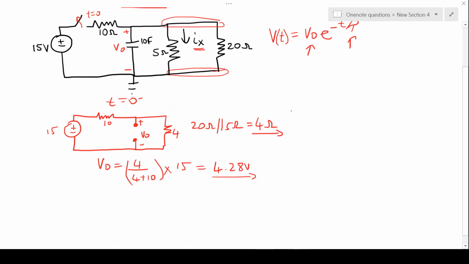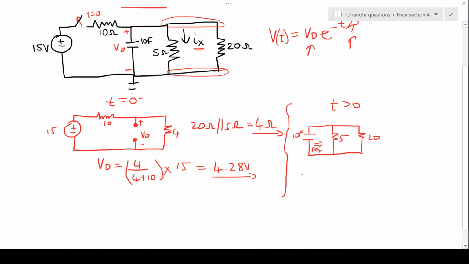Now what happens when t is greater than 0? When t is greater than 0, this whole part of the circuit falls away, and what we have left is the capacitor. We have the 5 ohm resistor and the 20 ohm resistor, and we will be looking for R equivalent, looking into those terminals, and C equivalent, which we should be able to see is 10 farads, given that the response is over one capacitor.